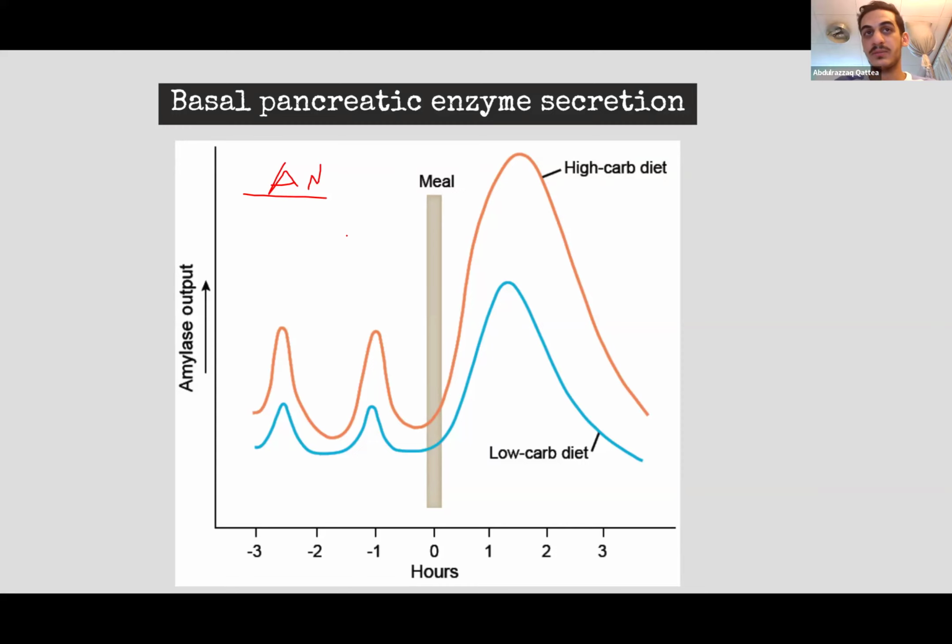And this is called a rhythm. But when you have a meal, which is at 0 hour, you will see that the enzymes are spiked and they are going outside. Here in this graph, they are talking about amylase, but this is the same concept for every pancreatic enzyme. And don't worry about the low carb diet and high carb diet. Just know the difference between the absence and presence of food.